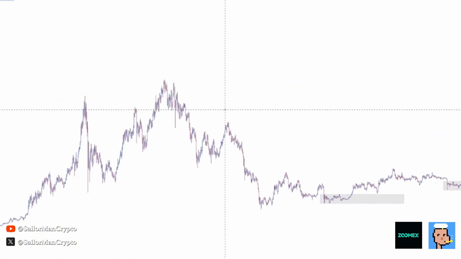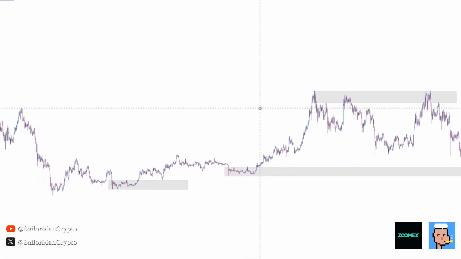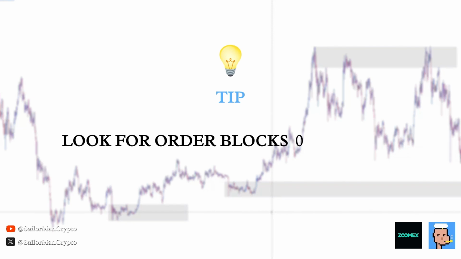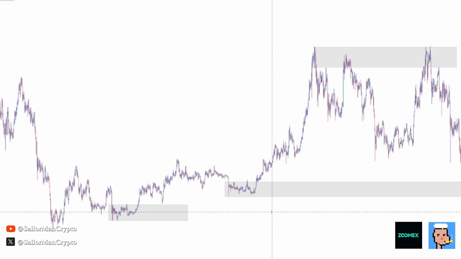Let me see if I see something else on high time frame. I would say no. So the way I try to map them is this: usually for the order block it is better to always look on high time frame. To be tradable, I very rarely use 4 hours. I use then 12 hours or daily order blocks.